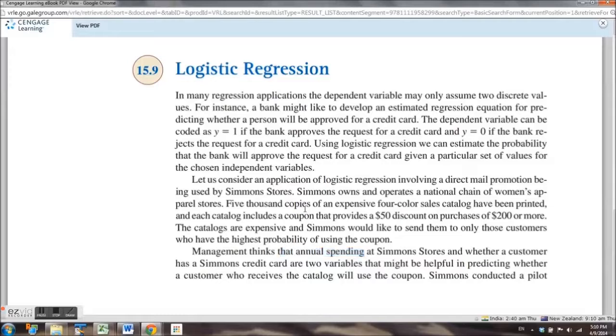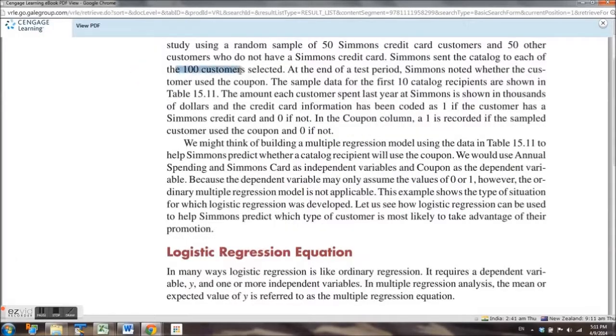potential or not. So they took a random sample of 100 customers, 50 of them with the credit card and 50 of them without the store credit card. So they have 100 customers selected.